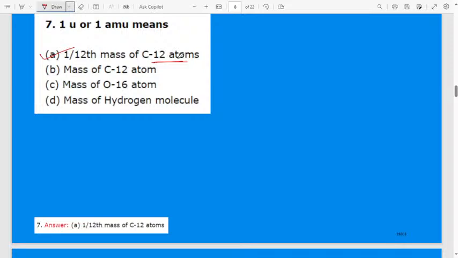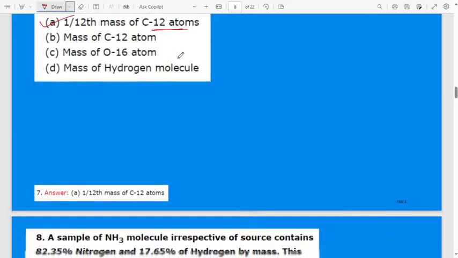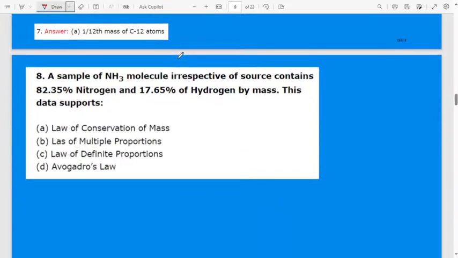That is the standard value: 1 AMU is nothing but 1 by 12th the mass of carbon 12 atom. Remember. And also my theory class on atoms and molecules is available in Karnataka TET 2023. Please refer to that. If you know the theory part, then answering this type of question will be very easy. Question number 8.